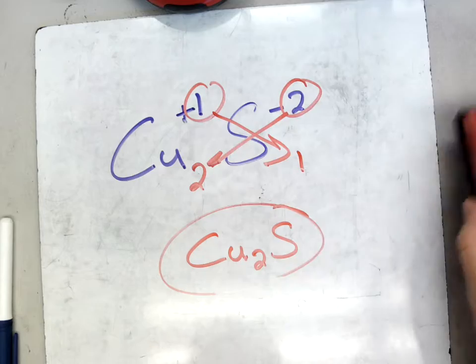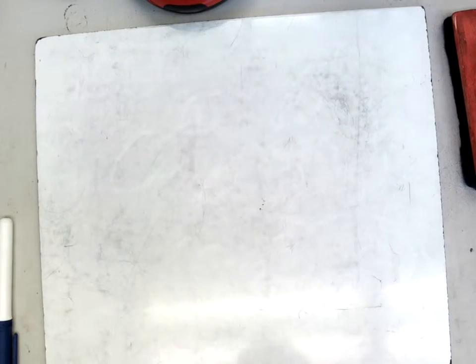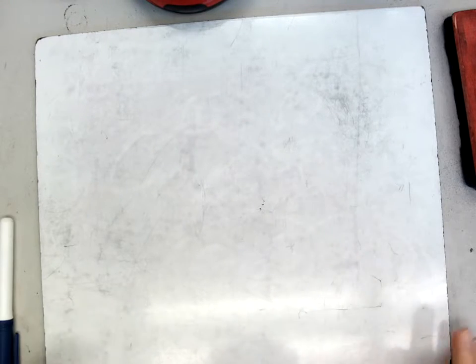Okay, I believe those are all of our formulas that we need to fix in the test. Hopefully you found the places in the test. And let's tackle a straightforward one for our problem to do on our own.